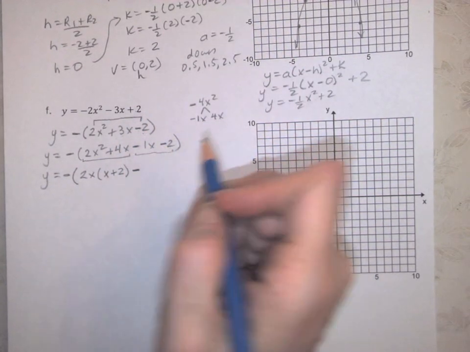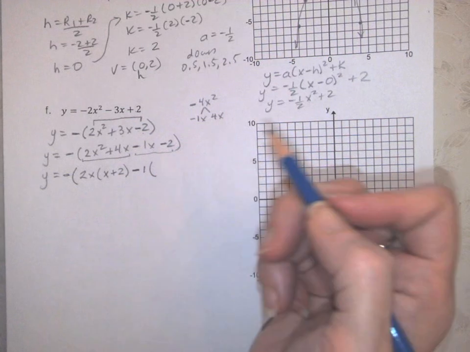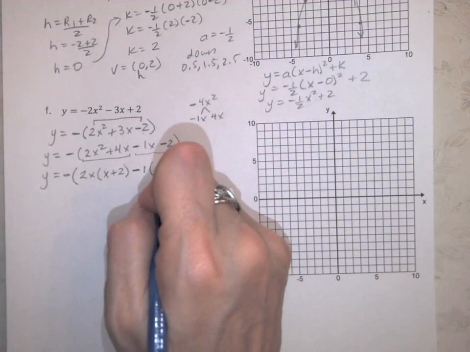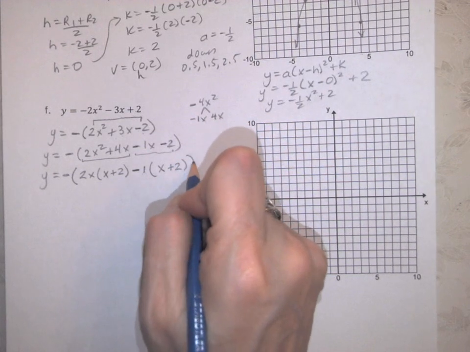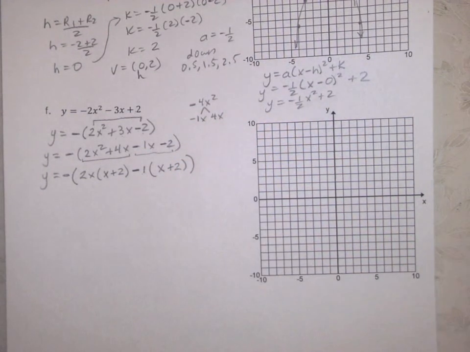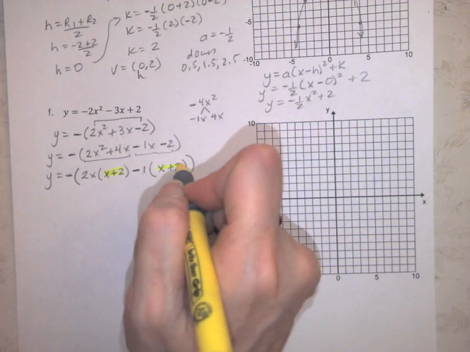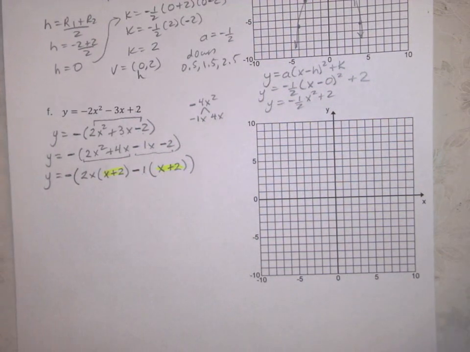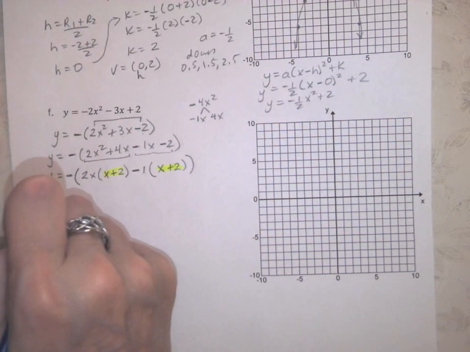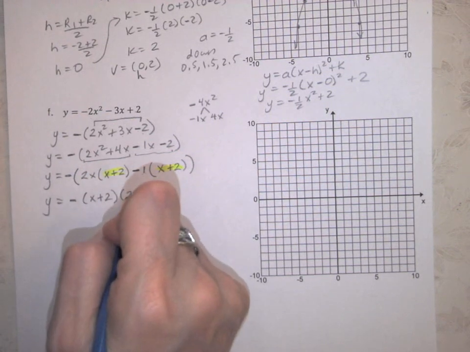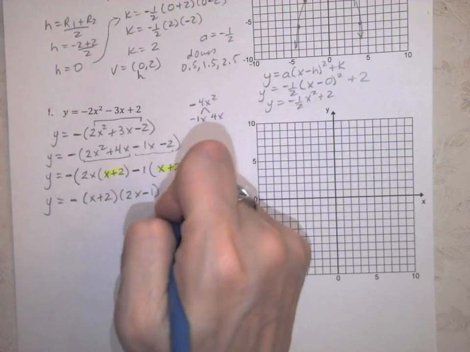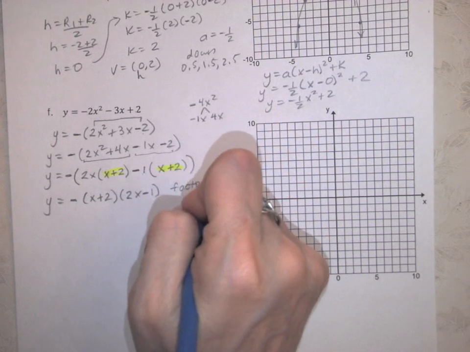In common with the second 2 terms is just 1. Negative 1x divided by negative 1 is x. Negative 2 divided by negative 1 is positive 2. Then we have our common binomial. So I'm going to bring that out, and then the leftovers form the other brackets. And now we've put it in factored form.